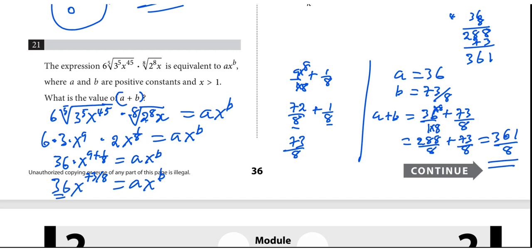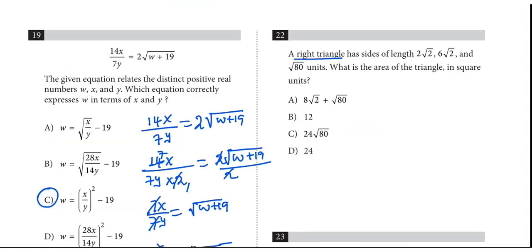All right, so let's go to question 22. A right triangle has sides of length 2√2, 6√2, and the square root of 80 units. What is the area of the triangle in square units?